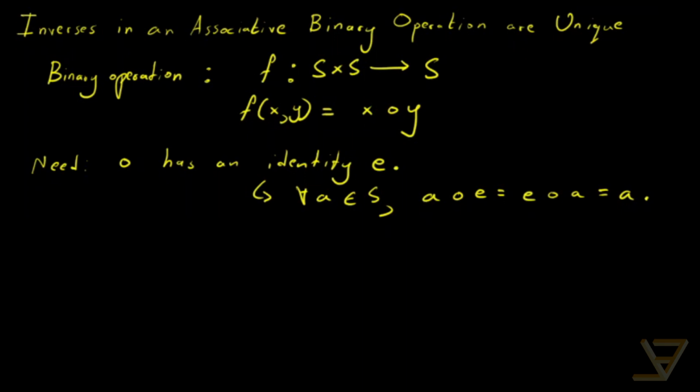So far we've defined binary operation and what an identity is, but we're also going to need what associativity is.